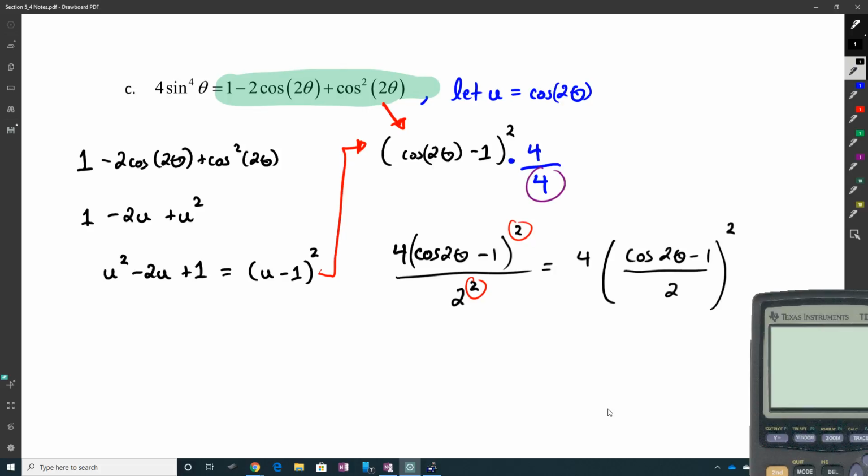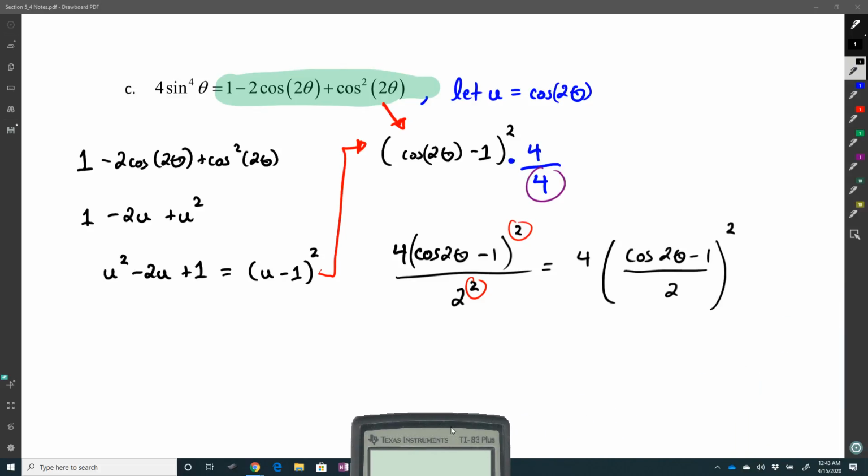Make sure I did it right. Yeah. Okay. So all that's left is, notice that this is the formula. Now, I want to show you why this isn't exactly what we want. We want 1 minus cosine of 2 theta for us to use the formula.